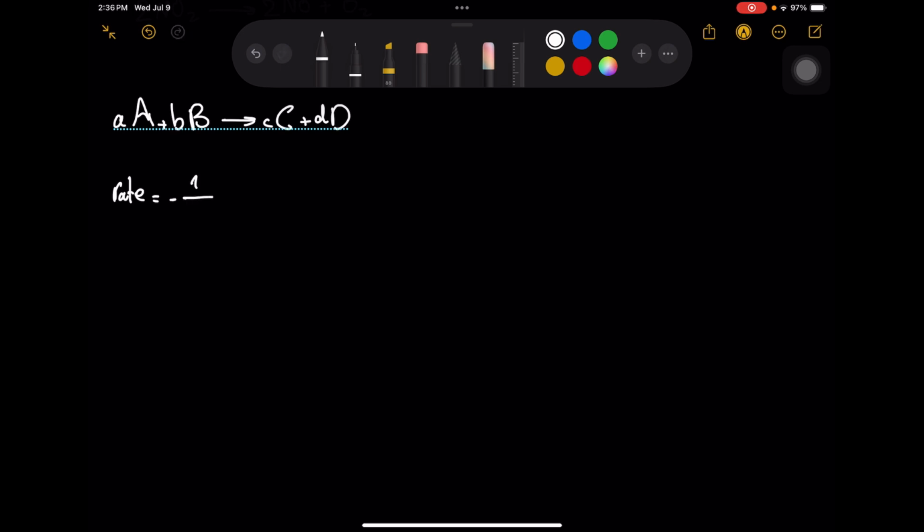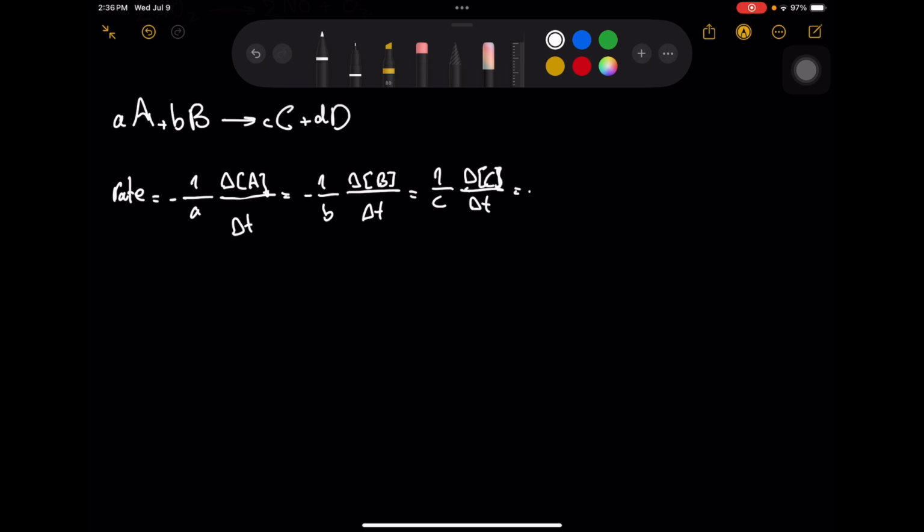Negative 1 over a, delta A over delta T, is equal to negative 1 over b, delta B over delta T, equals 1 over c, delta C over delta T, equals 1 over d, delta D over delta T.